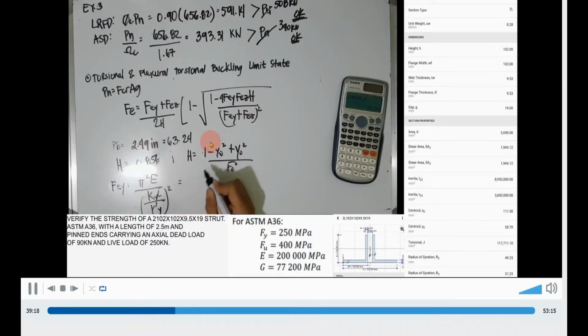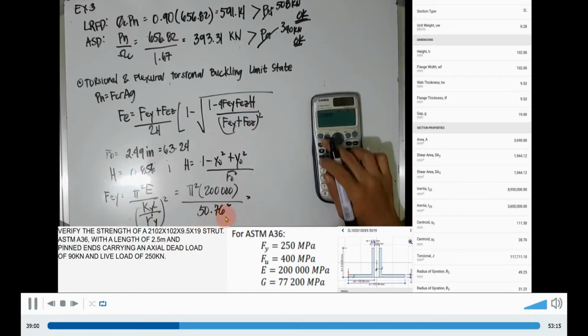So now the elastic flexural buckling stress about the y-axis is reflected here. We will just use the slenderness ratio at y-axis, which na-solve natin kanina. So it is 50.76.